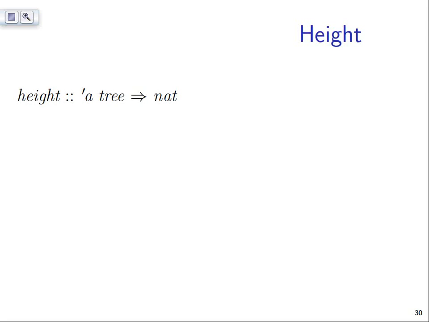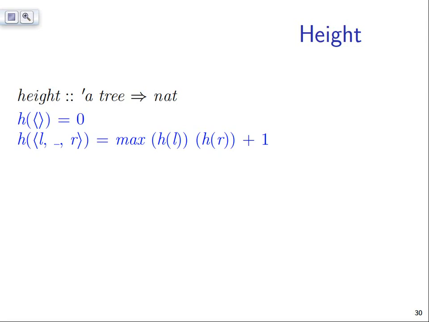So we also have a height function. What's the height of a tree? The height of a leaf is 0, and if you have a proper node, then it's just the maximum of the two heights plus 1. And again, on the slides, I will use this short version, h of.